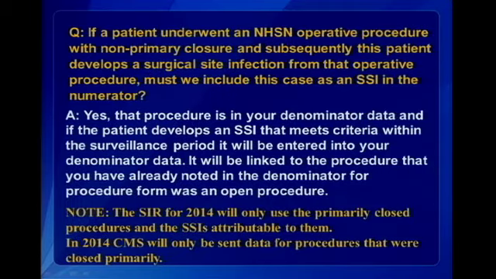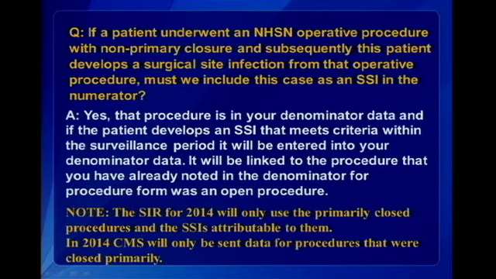This is my next most frequently asked question lately: if a patient underwent an NHSN operative procedure with a non-primary closure, so it was left completely open, and subsequently this patient develops a surgical site infection from that operative procedure, must we include this in the SSI numerator? Yes, and that procedure is in your denominator data.